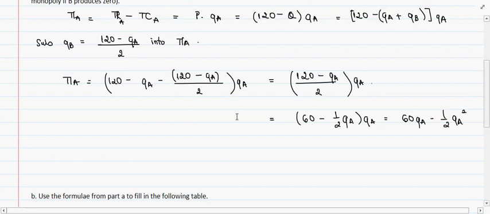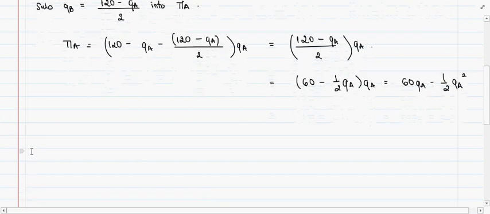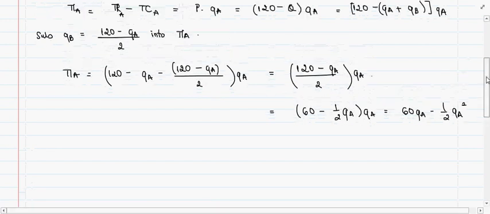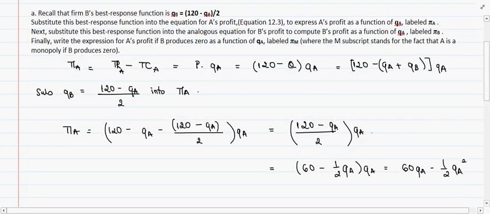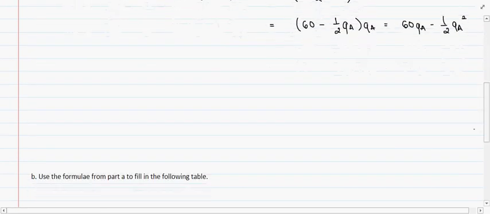Now I'm going to do the second part of part A. It's asking you to substitute the best response function for firm B into firm B's profit function to compute firm B's profit as a function of QA.